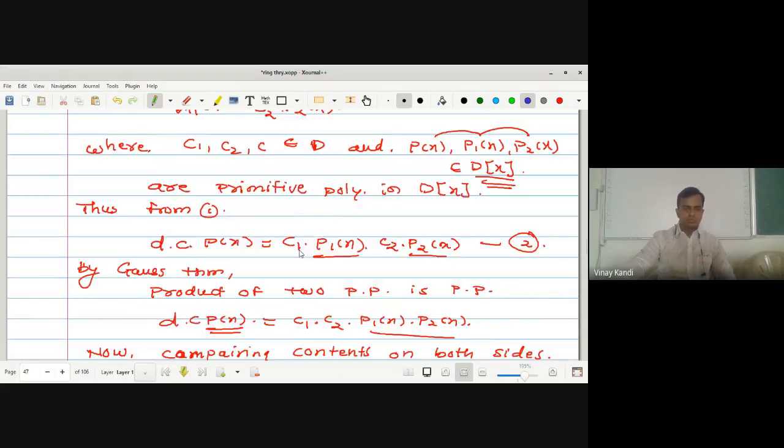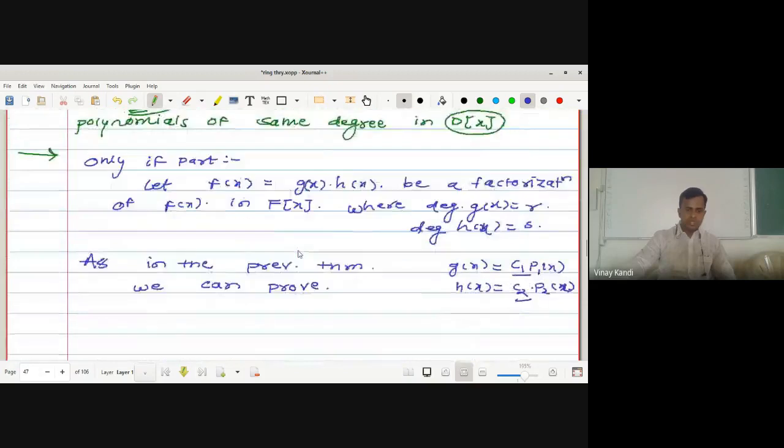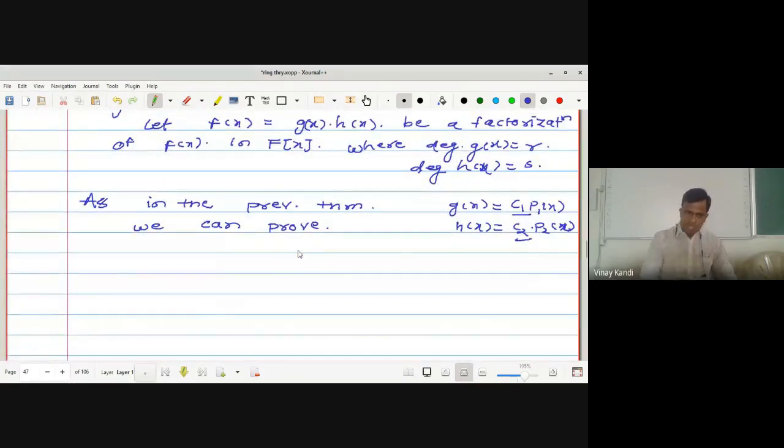Okay, hence we can prove that f of x is equal to a into p1 of x into p2 of x, where a is equal to what? c1 into c2, the product of the contents. Okay, where the degree of p1 of x is equal to क्या असेल?